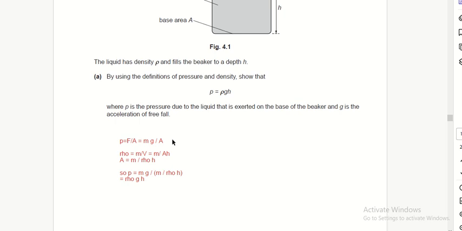If we choose to change the area, we go as I wrote here, and again when we substitute A by m over rho h, it goes from the denominator to the numerator, and after elimination we got the answer.